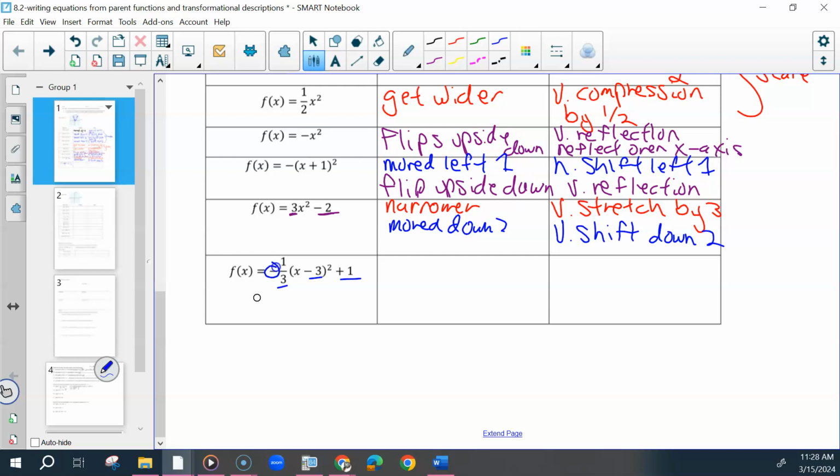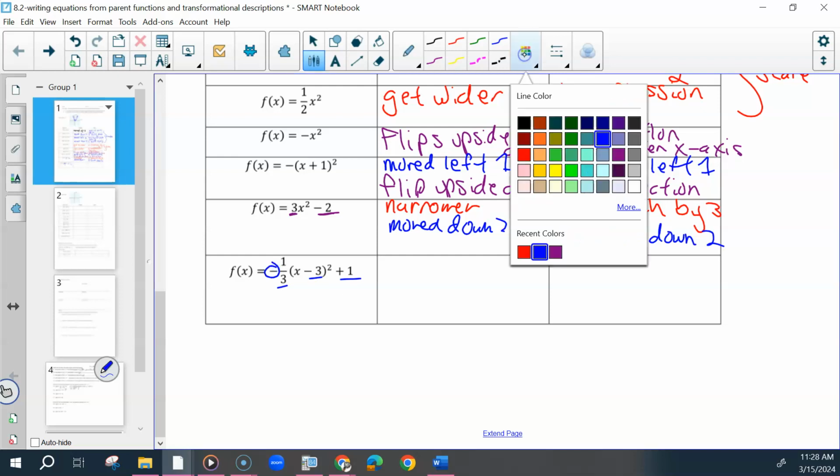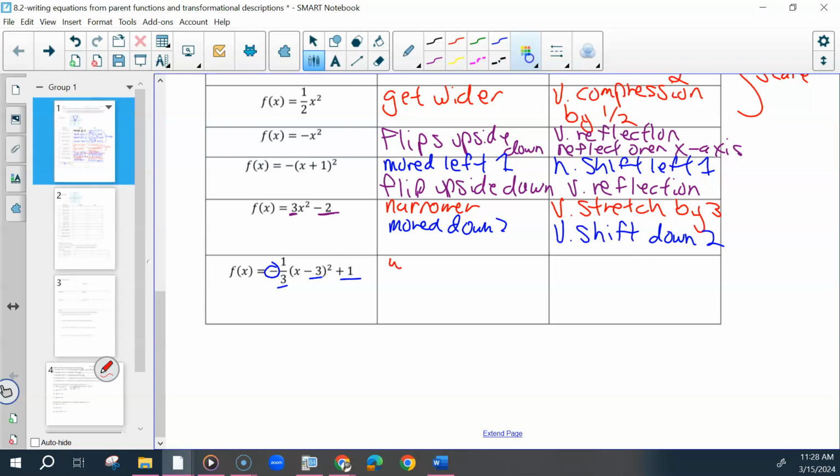Which one would tell you that? The 1/3. So what would that rule be for the 1/3? Compression by 1/3. Vertical compression. I'm going to shorten up this column. Right? 3 other things.